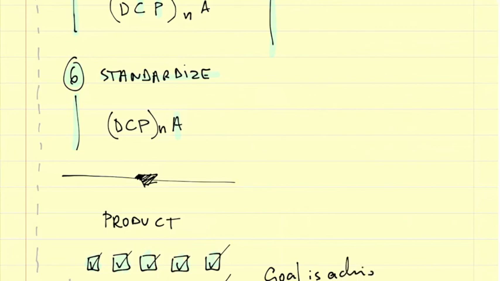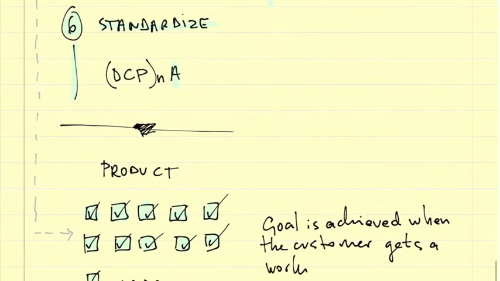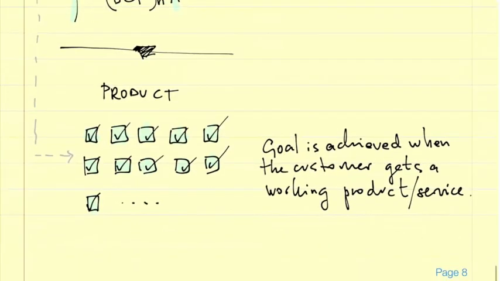Goal is achieved when the customer gets a working product or service. Okay? Any questions? Any questions, please?